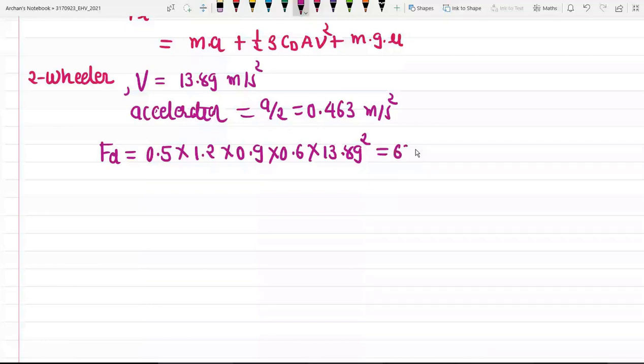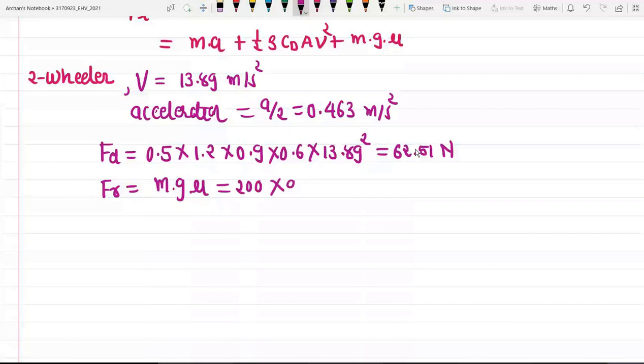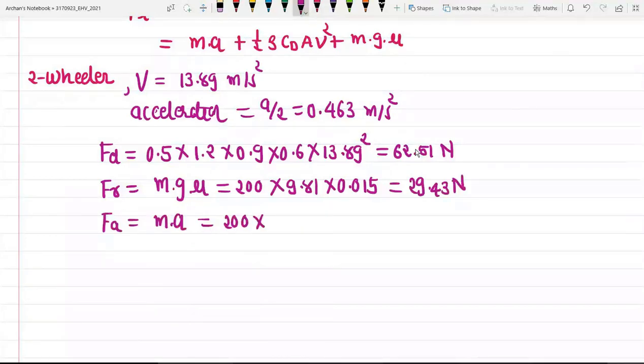If we talk about rolling resistance Fr, it is equal to mg times mu, where m is 200, gravitational acceleration is 9.81, and rolling coefficient is 0.015, and that comes around 29.43 Newton. Then acceleration force Fa is m times a, equal to 200 into 0.463, which is 92.6 Newton.